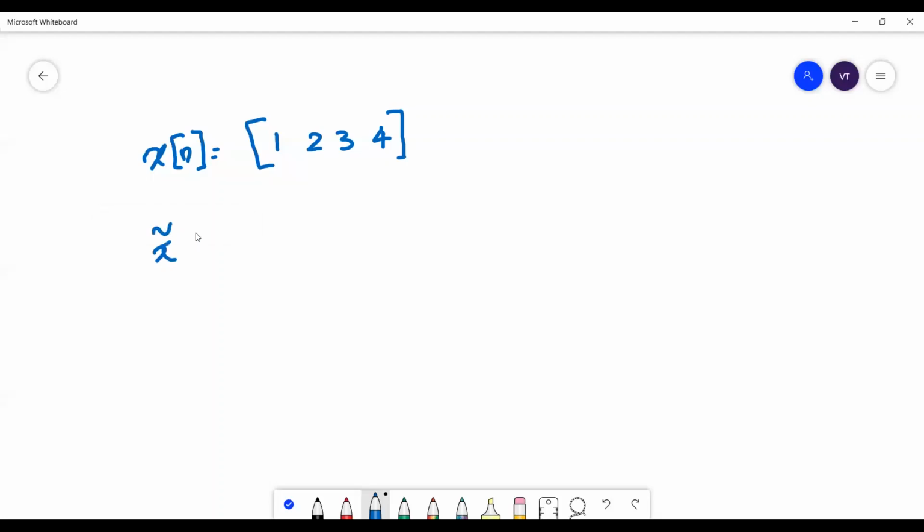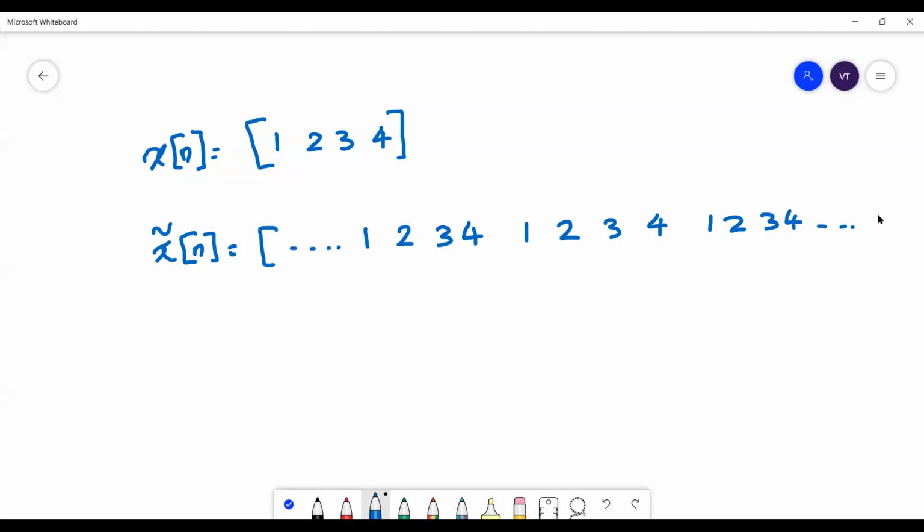X tilde of n is this periodic sequence: 1, 2, 3, 4, 1, 2, 3, 4, 1, 2, 3, 4, etc. So it goes up to infinity. So this is one periodic sequence.